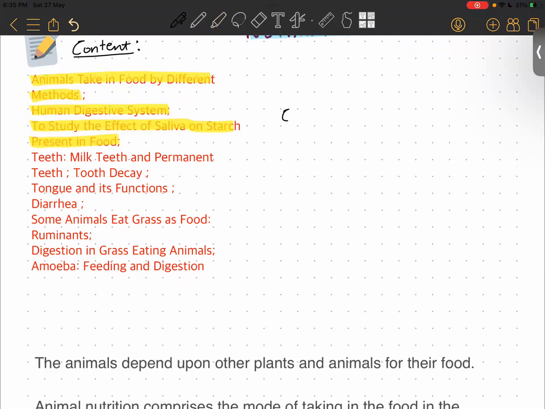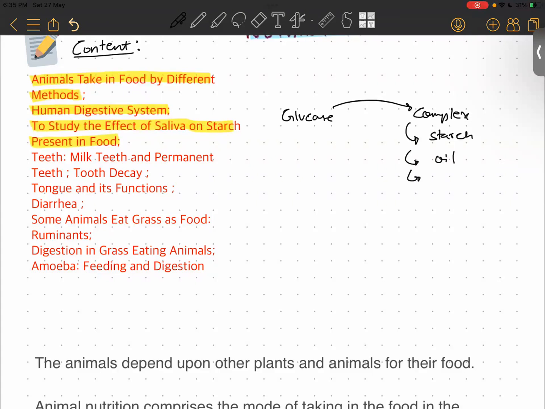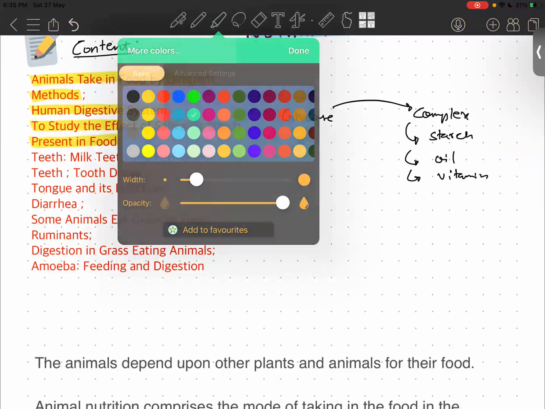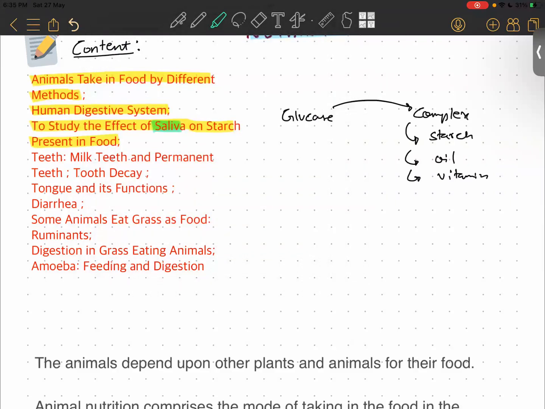Plants make glucose, and this glucose is converted into complex forms. Those complex forms were what? Remember, we talked about starch, oil, vitamins. So in this chapter, we will have a look at what effect saliva, which is an enzyme released by the salivary gland, has on the starch present in food.